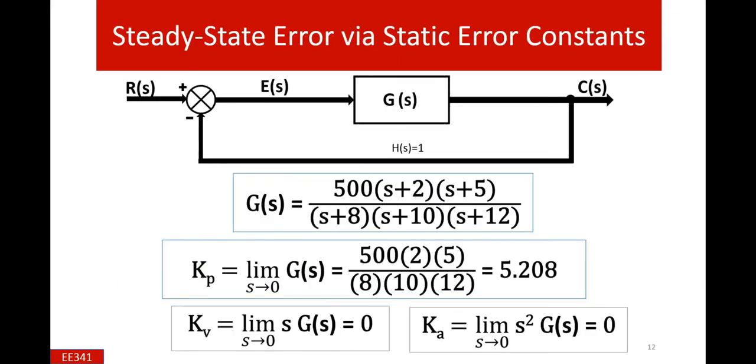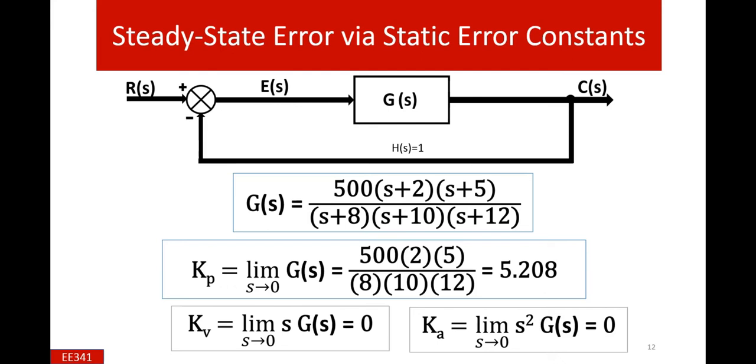Okay, let's see another example from your textbook, where we have an open loop transfer function. It is a type 0 and third order system. So we have to find the static error constants, and from there we finally find the steady state error.